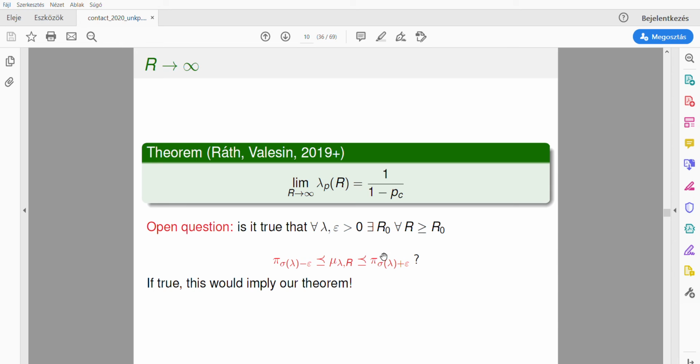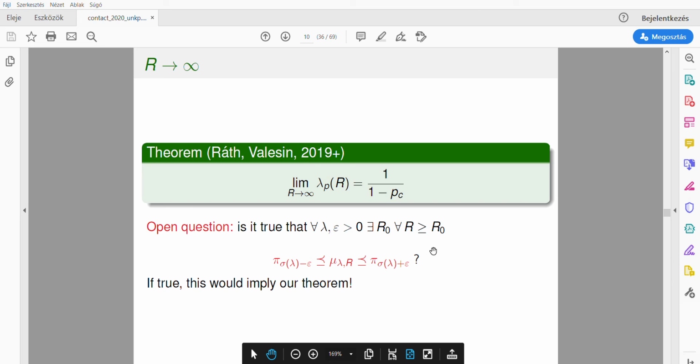But let me stress, as soon as this result would hold, this would immediately imply our result. And our paper is very long. It's like 60 pages. So it would be pretty upsetting for us if this open question had an easy, simple answer, because that would eliminate our paper.